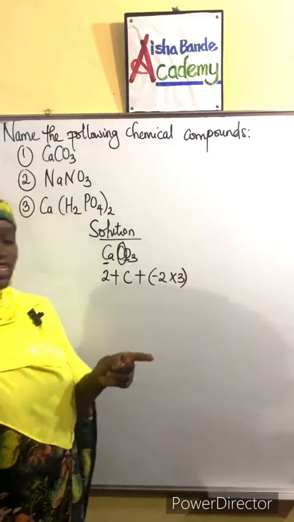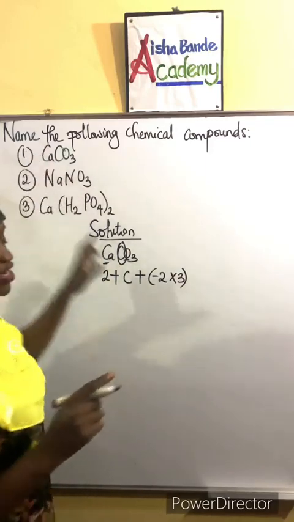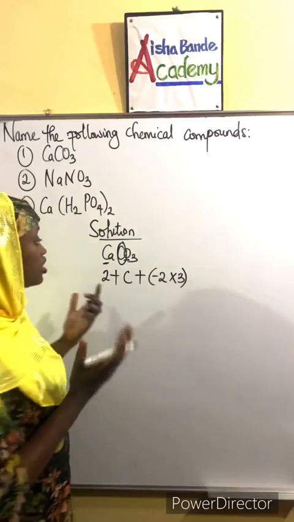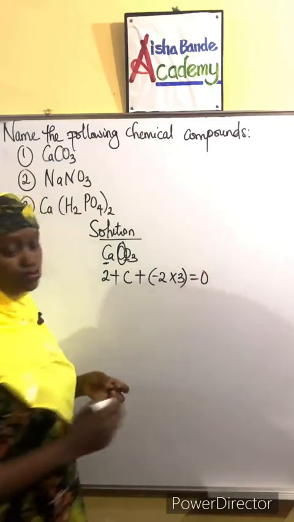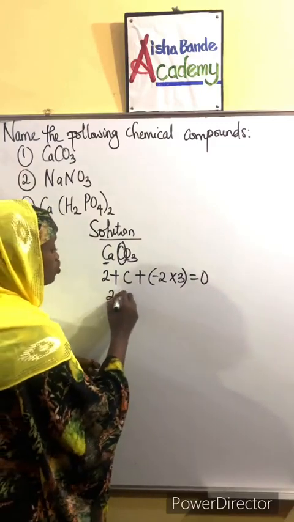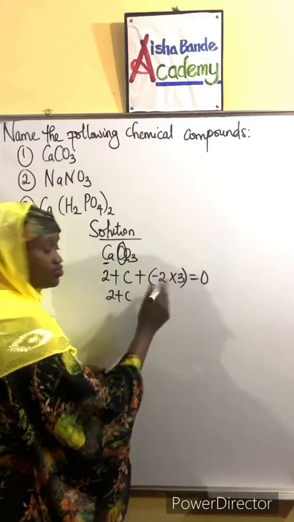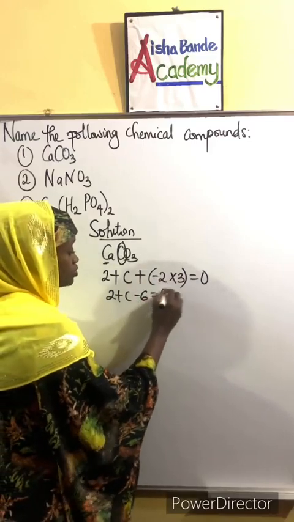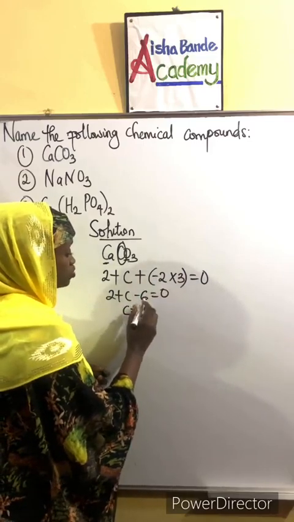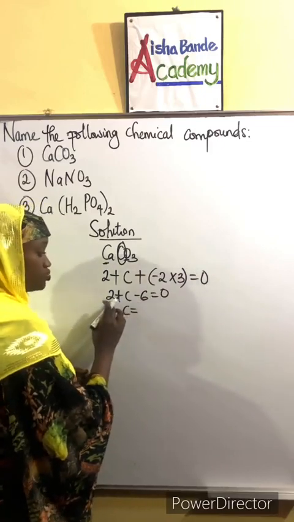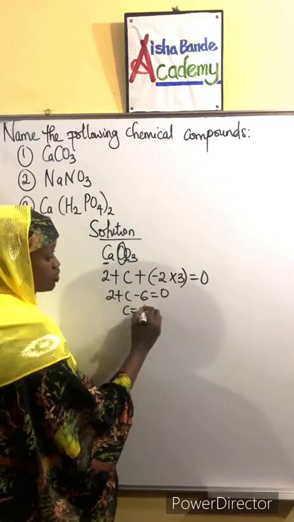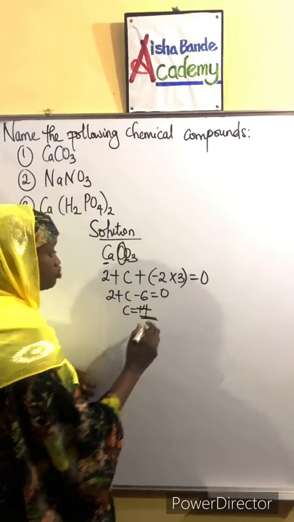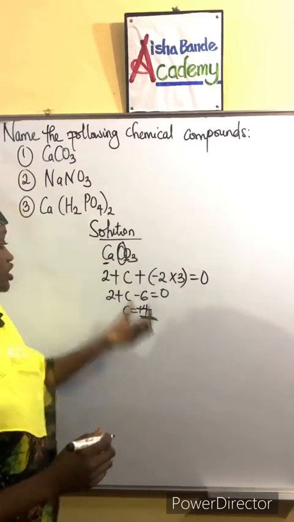We should always know that all the compounds we have here are stable compounds, and when calculating the oxidation number of stable compounds, we equate them to 0. So here we have 2 plus C minus 2 times 3, which gives us -6, is equals to 0. So C is equals to -6 plus 2, which is -4. So -4 crosses over and this becomes +4. So the oxidation number of carbon in CaCO3 is +4.